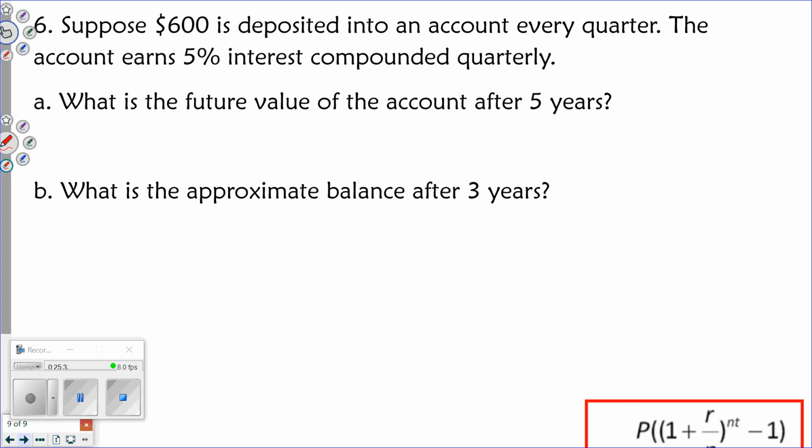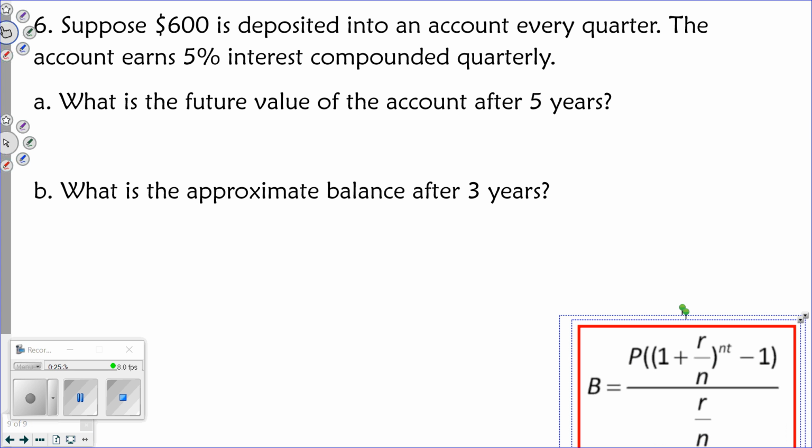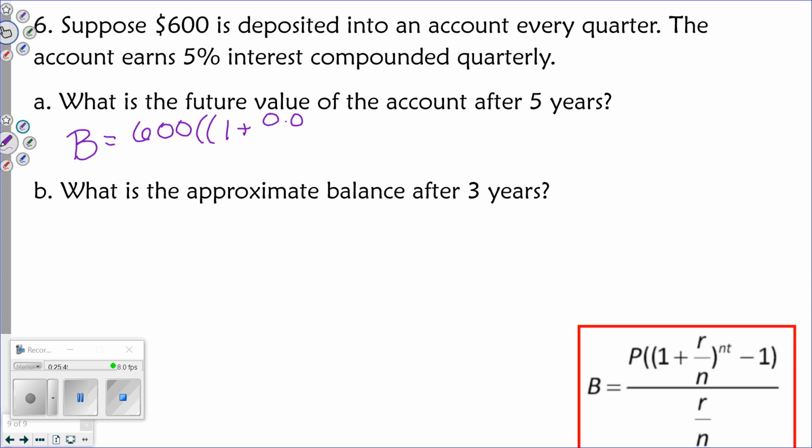All right, so again, we're just going to type in our formula. So B equals, my principal is 600. 1 plus my rate is 5%, so 0.05. If it's compounded quarterly, what is that? That is a 4.